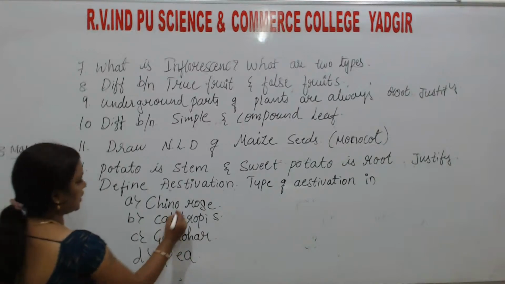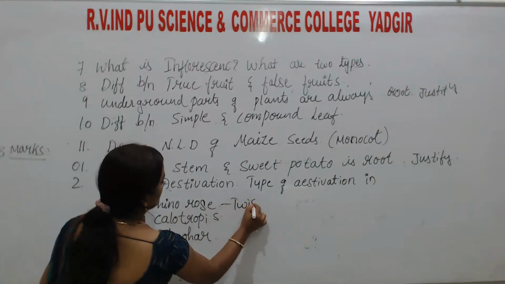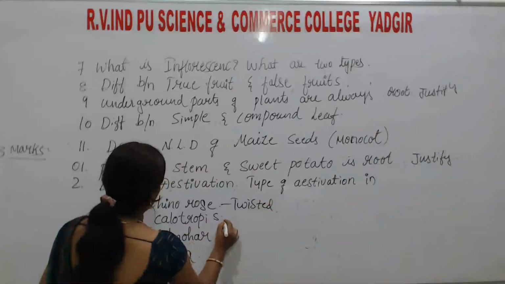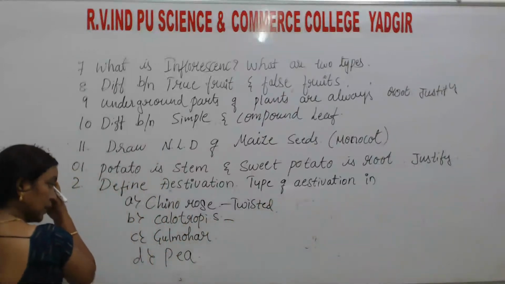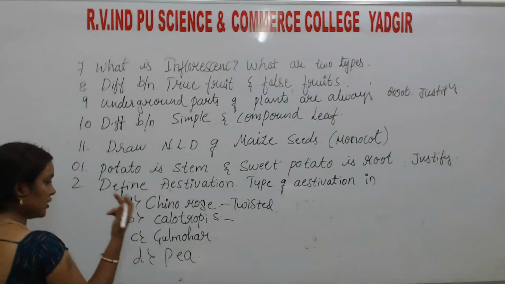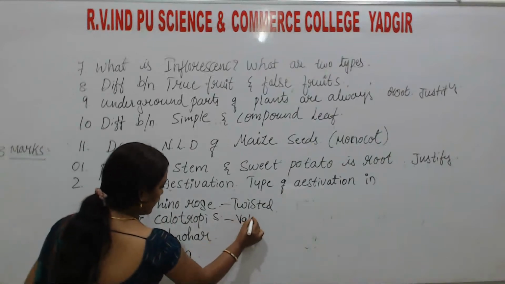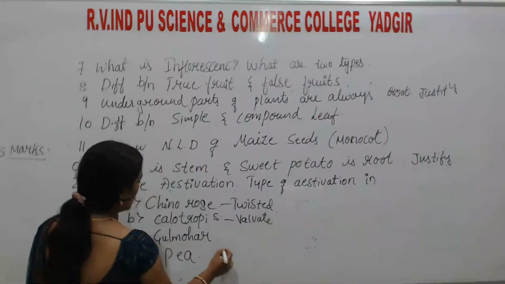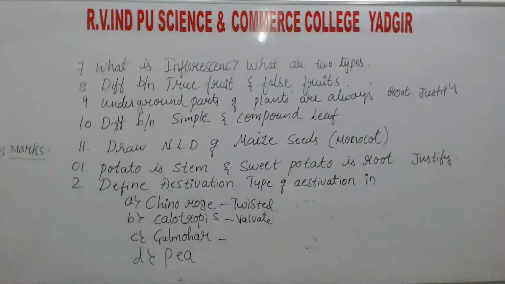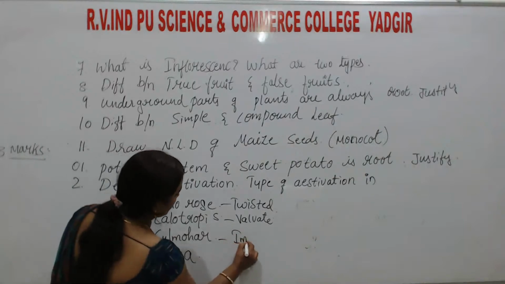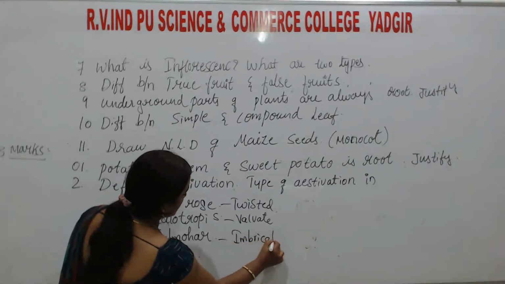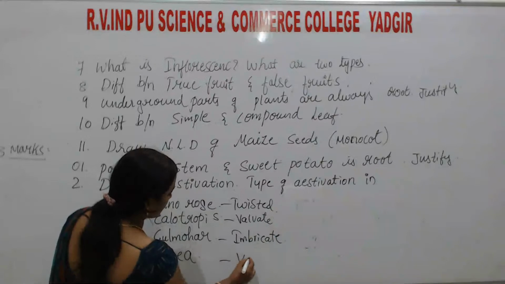Answer for this: China rose, twisted aestivation. Calotropis is showing valvate aestivation. Gulmohar is showing imbricate aestivation. Pea, vexillary.